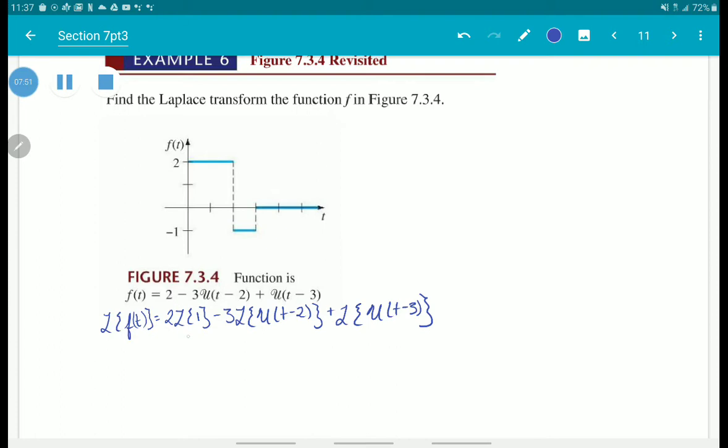So in the Laplace of 1, we already know what that is. Going back to that table, it's going to be 1 over s. The question is, what's the Laplace of this and this? Well, we really need to derive something. So let's do that off to the side.